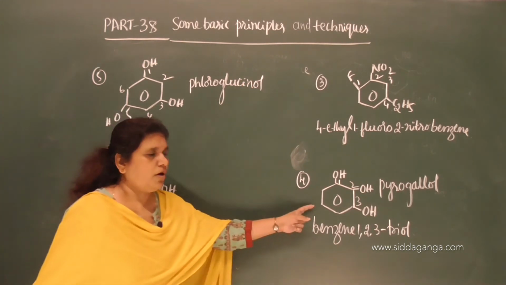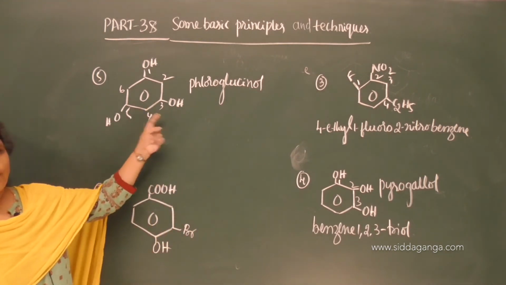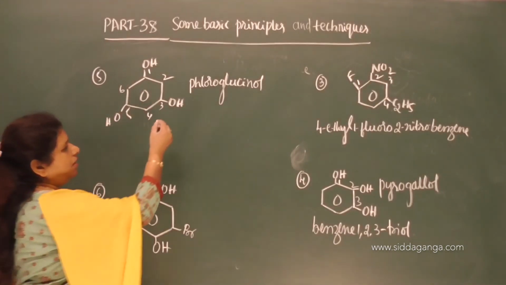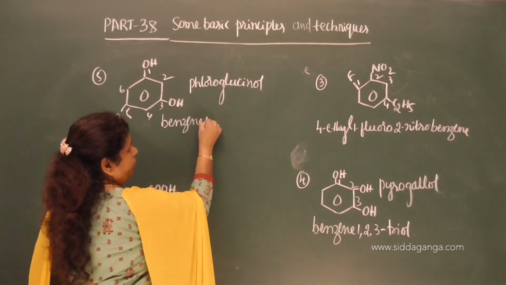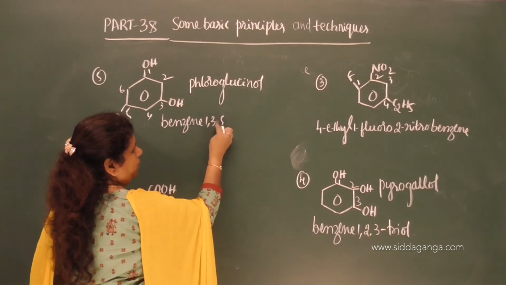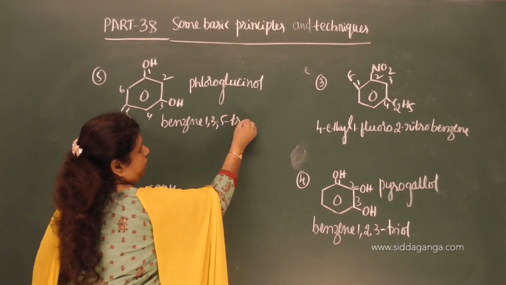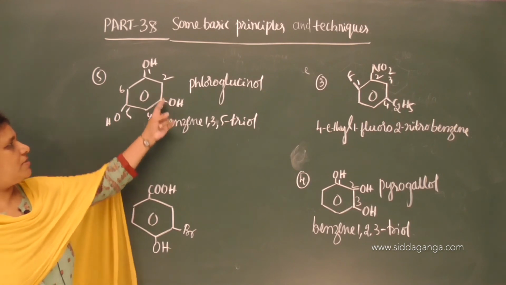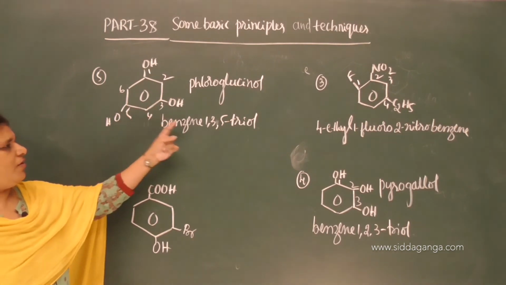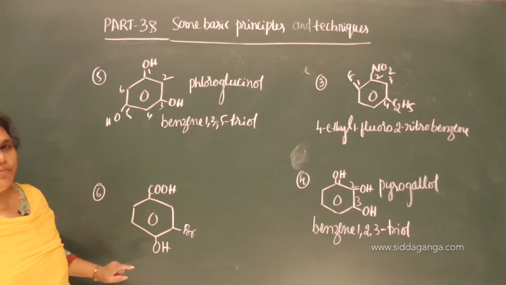This is pyrogallol. This is phloroglucinol. What is the IUPAC name? Benzene-1,3,5-triol is the IUPAC name.